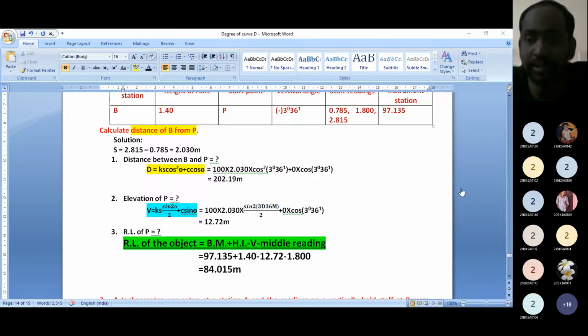Tell me, do all of you understand how to solve the problems? The problems will be very easy. We have only two formulas: one is the formula for D, another is the formula for V. Then we have to calculate the reduced level of the object.